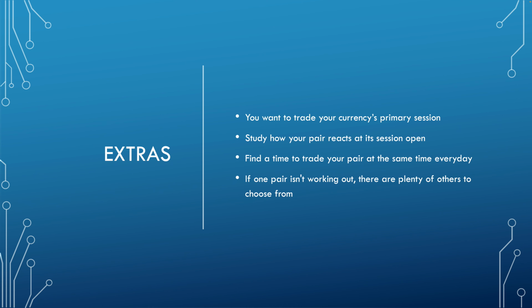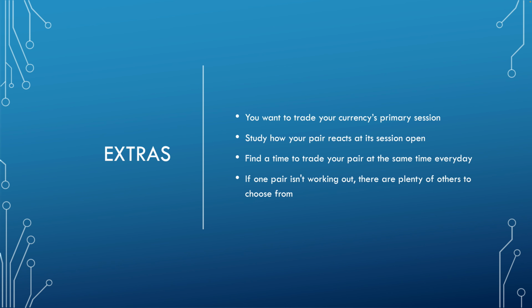And this is just a little bit of extras that I want you to keep in mind about currency pairs and trading overall. The first point is that you want to trade your currency pair's primary session. If you are trading the USD JPY, do not be trading the London session because you're not dealing with the London session pair.